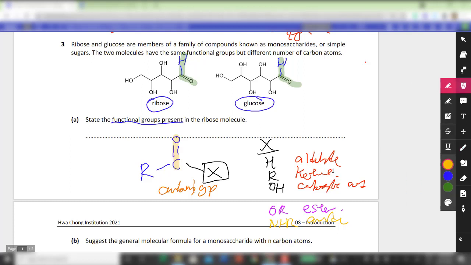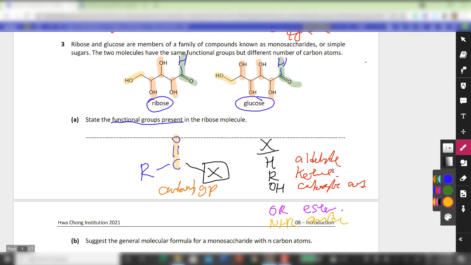Right now we'll go into the functional groups. So we have an aldehyde there. Next, you notice that the one right at the end is an alcohol that's bonded to a CH2, so we will call this a primary alcohol. In the middle, you have an alcohol that's bonded to a CH, so these are called secondary alcohols.